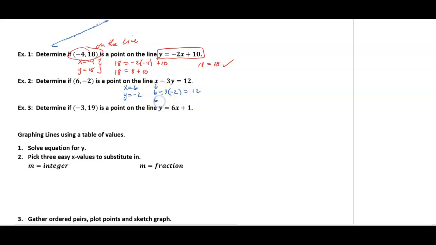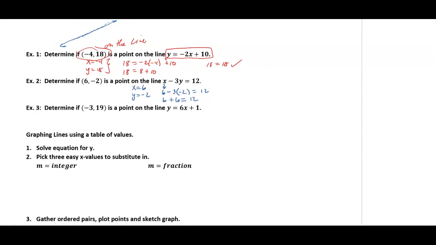That gives me 6. Negative 3 times negative 2 is 6, so 6 plus 6. Does that equal 12? And the answer is yes. 12 equals 12. Checks out. So that is on the line.